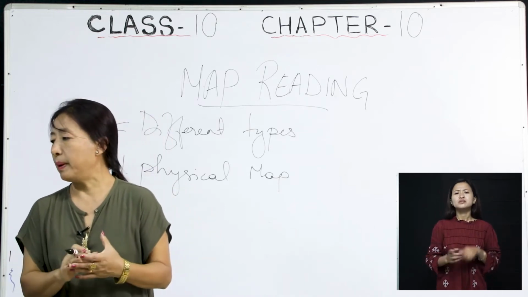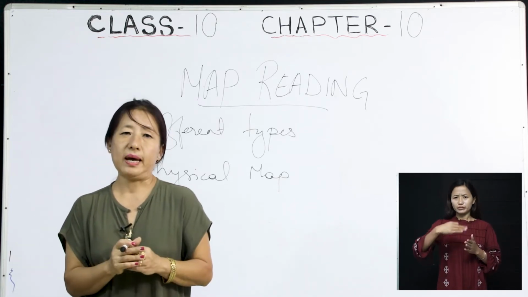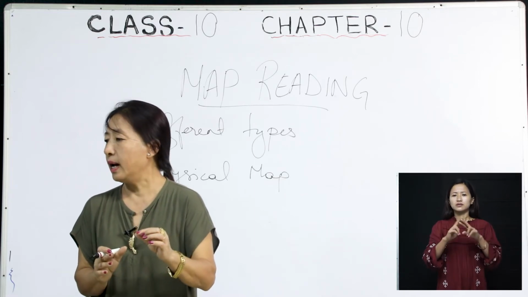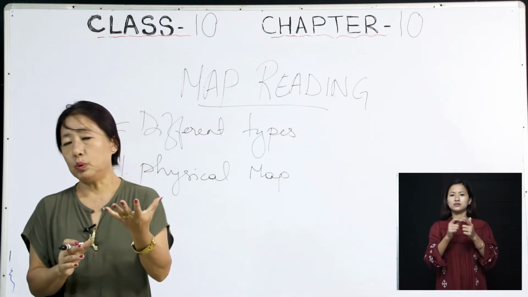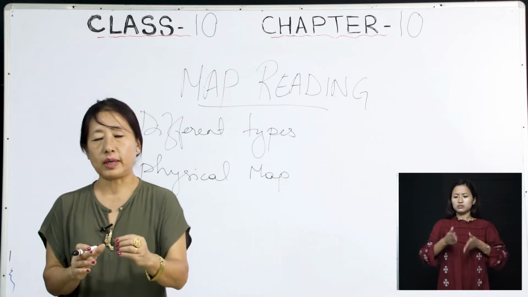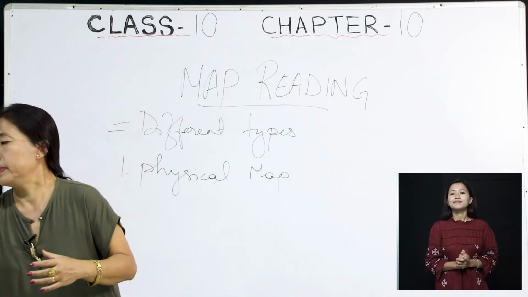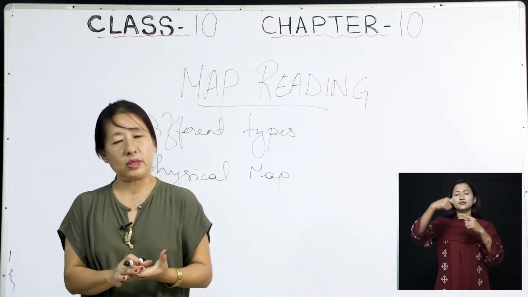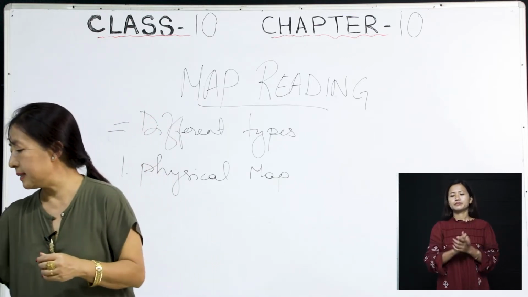we are talking about the different features. The different features can be the mountains, the roads, the railways, industries, etc. So those are called the physical.